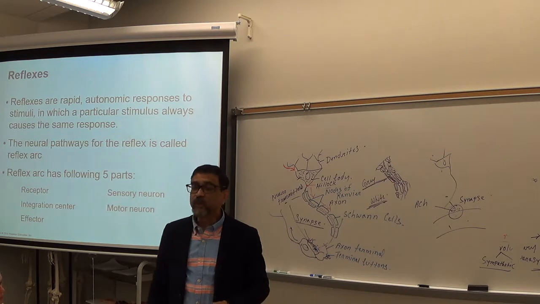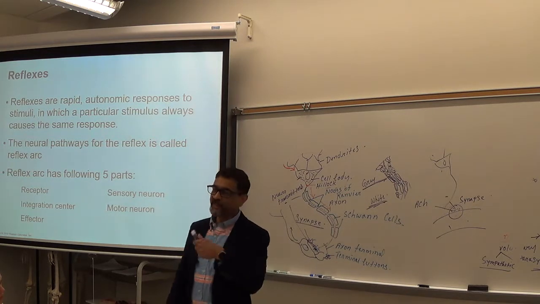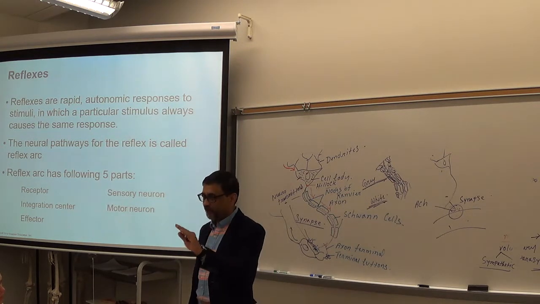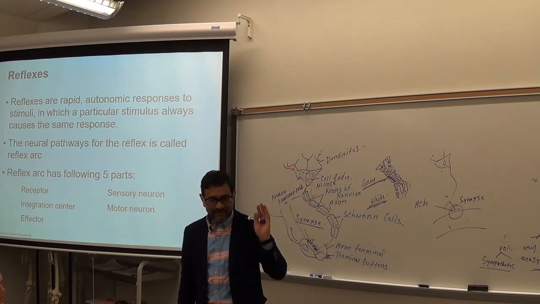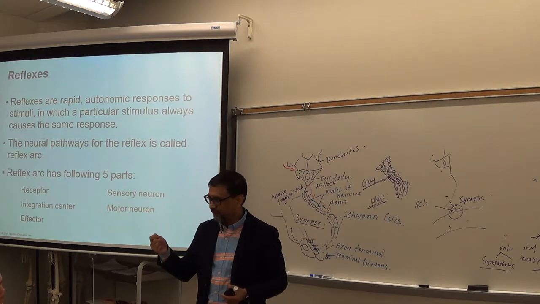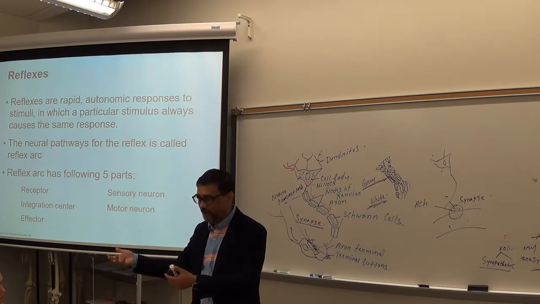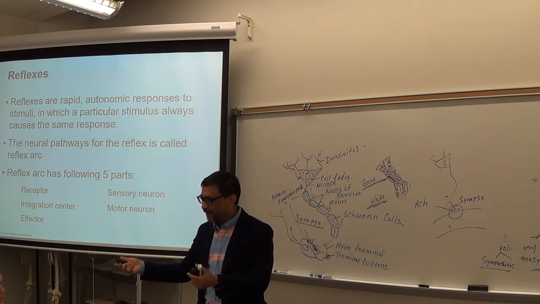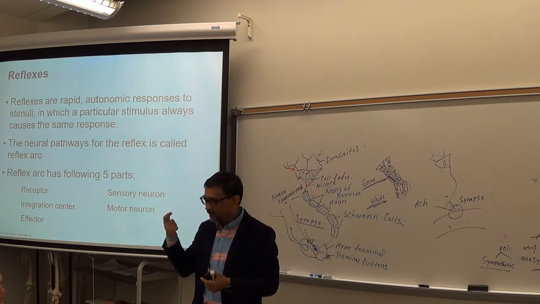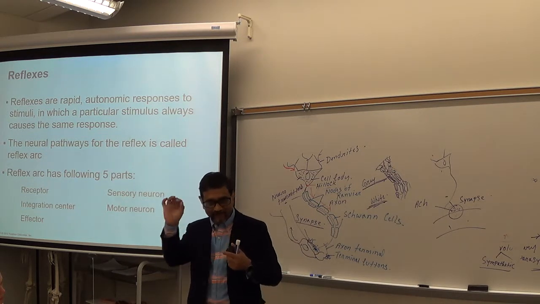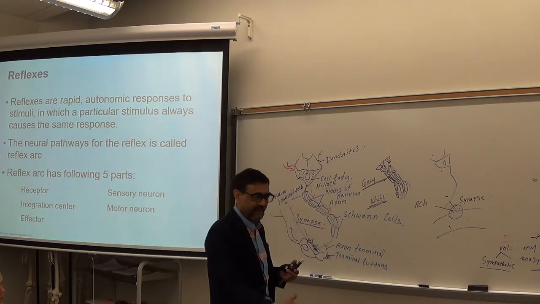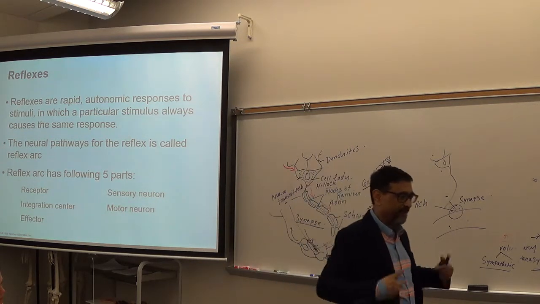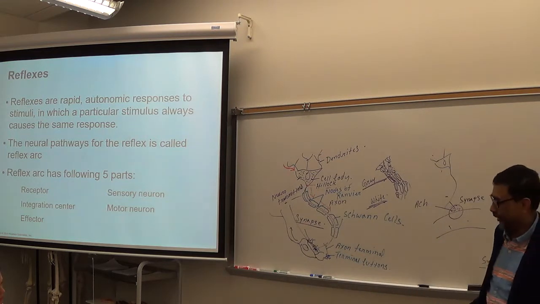So we test the reflex to make sure your nervous system is working fine. That's why if somebody is taken to the hospital unconscious, the doctor will put a flashlight on the eye to see if the brain is working. If the pupil is constricting, the reflex is present. The knee-jerk test makes sure that your brain and spinal cord are working.